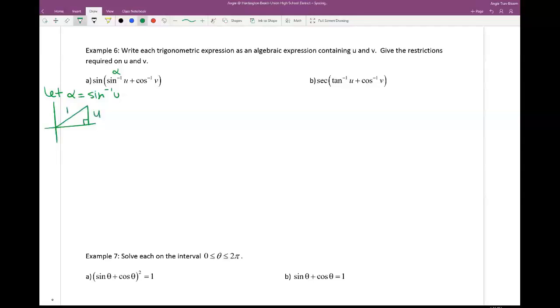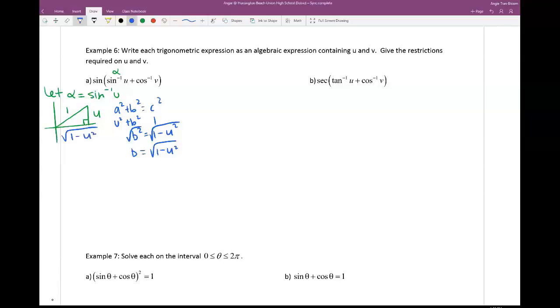So I have to do a little bit of work to find the adjacent. It's going to be a squared plus b squared equals c squared. Well, c squared is 1. A squared is u squared plus b squared. So I'm going to solve for b. So b squared equals 1 minus u squared, square root. So as you can see, b is square root of 1 minus u squared. Now, I know because I put it in quad 1, everything is going to be positive.